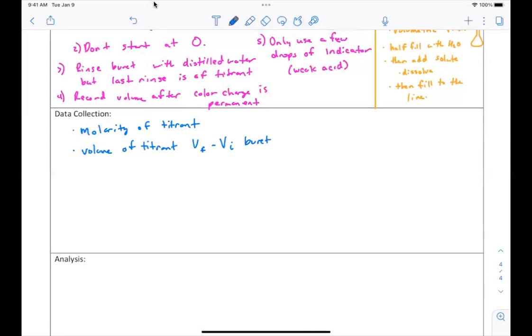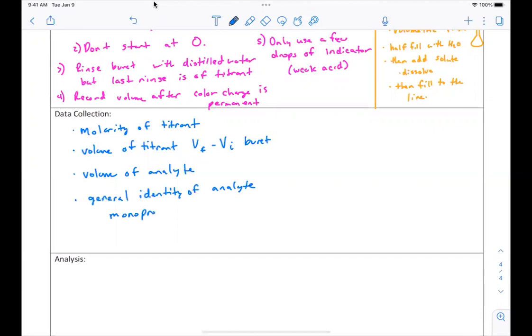You'll also need to know the volume of the analyte. And you'll need to know a general identity of the analyte. Is it a monoprotic acid or a diprotic acid?